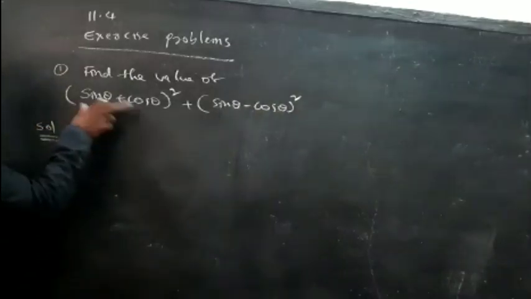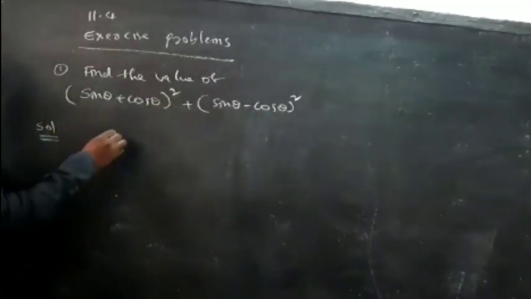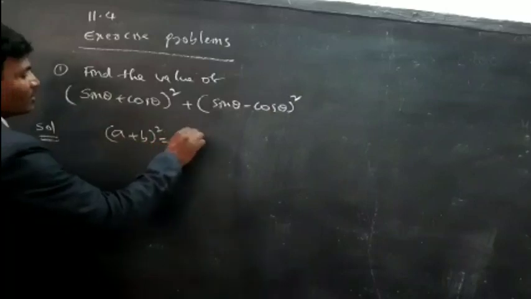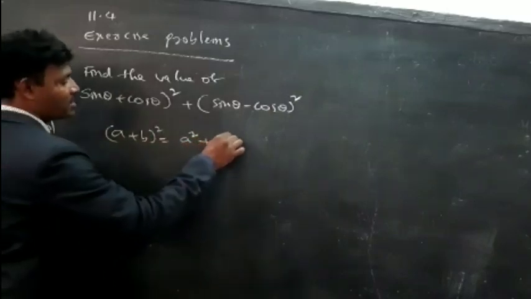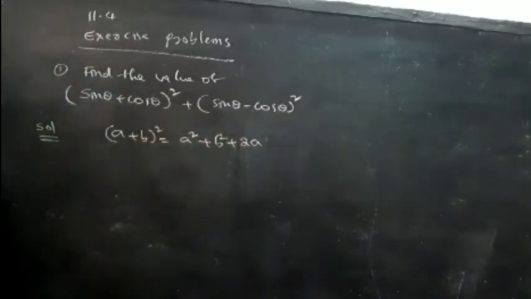Now it is in the form of (a plus b) whole square and (a minus b) whole square. First of all, recall the form of (a plus b) whole square. (a plus b) whole square is equal to a square plus b square plus 2ab. Similarly, (a minus b) whole square is equal to a square plus b square minus 2ab.